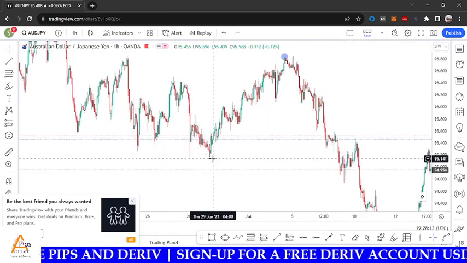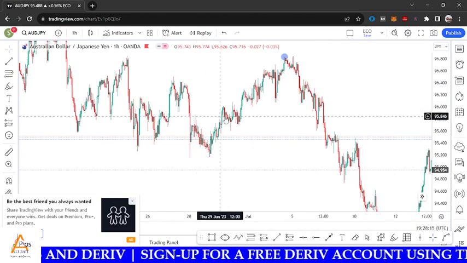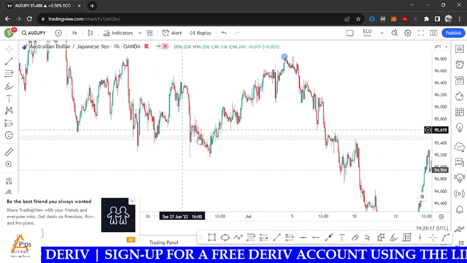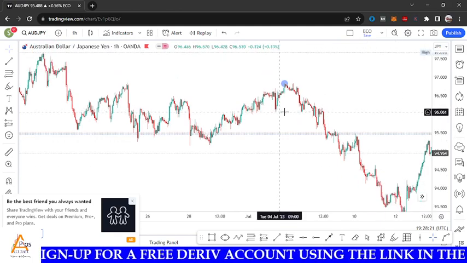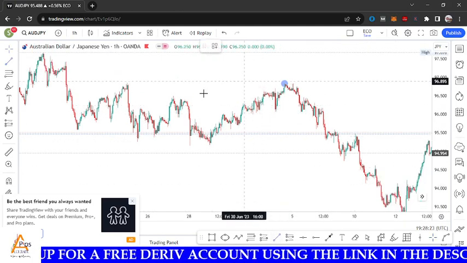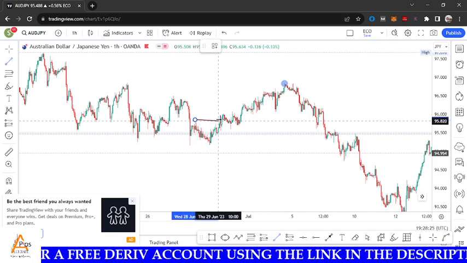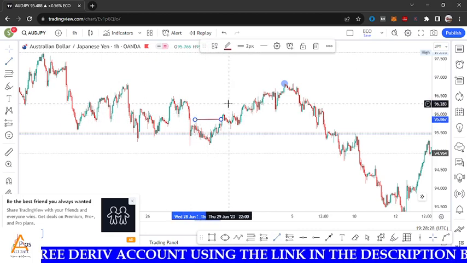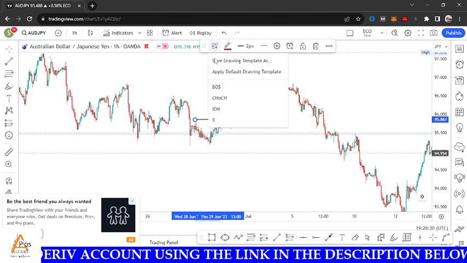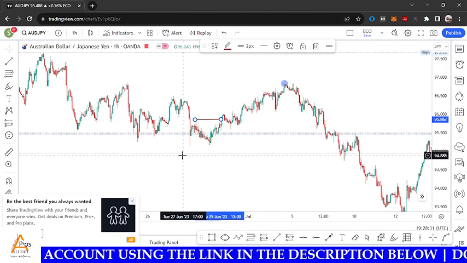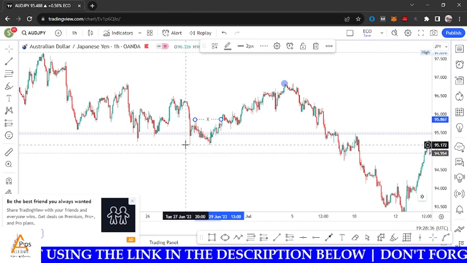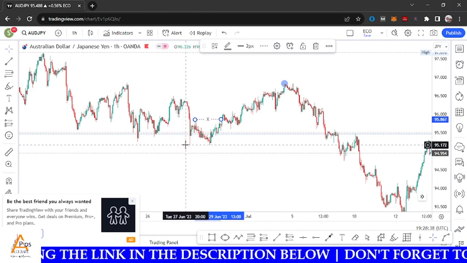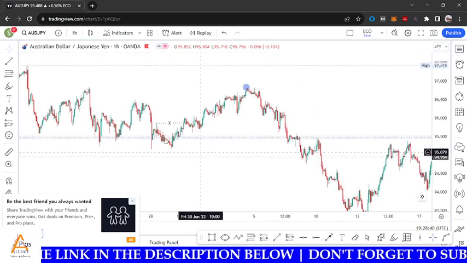I think this was the last low confirmed by this IDM. We are in a bearish trend. That is why I changed this, because in a bearish trend, I will only have an IDM to confirm our new low that is created in the market.